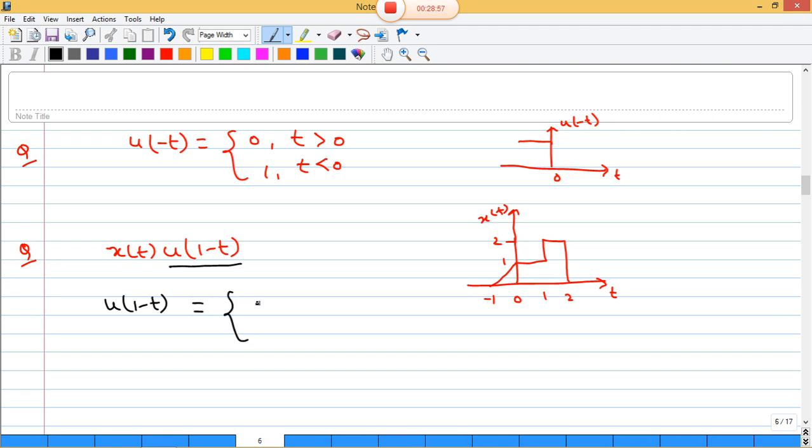This one is 1 for t less than 1 and 0 for t greater than 1. Means our original unit step is shifted. Let's check. Suppose this one is the unit step function, and now here we can write u of minus of t minus 1.